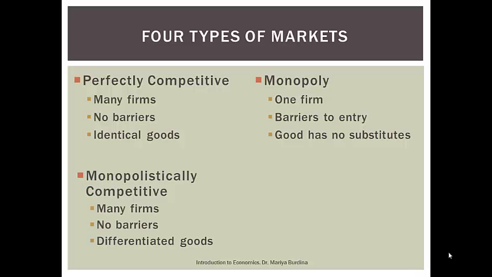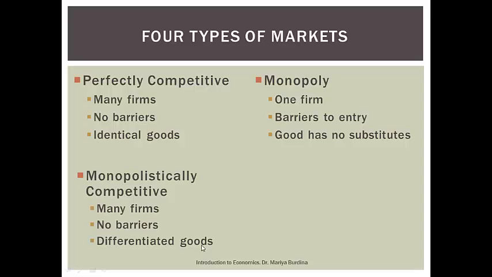Monopolistically competitive market is somewhat in between perfectly competitive and monopoly. In a monopolistically competitive market, there are some characteristics identical to the perfectly competitive market and some identical to the monopoly. For example, a monopolistically competitive market has many firms and no barriers to entry, like perfectly competitive market. But here, instead of identical good, we're talking about differentiated good.